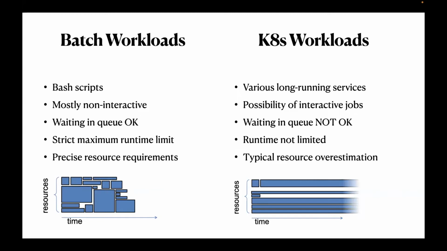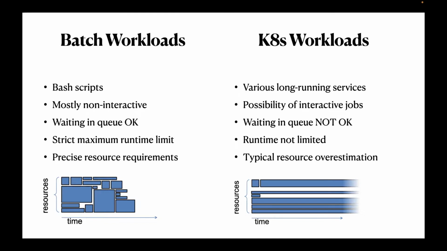The most outstanding and obvious difference is that Kubernetes workloads are usually used for long-running services, and therefore there is no strict requirement for a runtime limit, or you don't have to provide any precise resource requirements. Actually, no one expects that a Kubernetes workload will sometimes end.